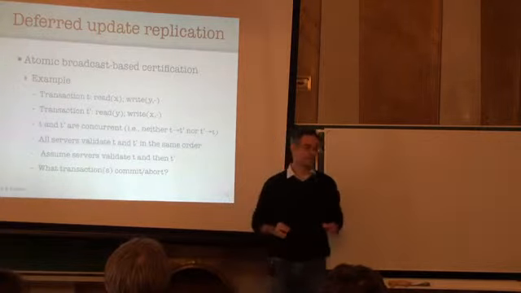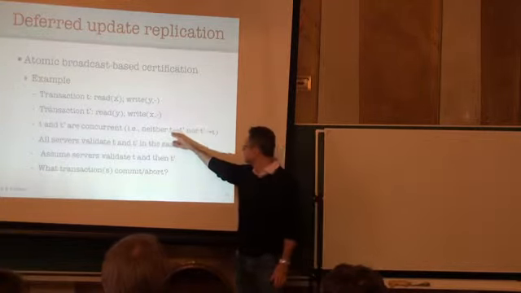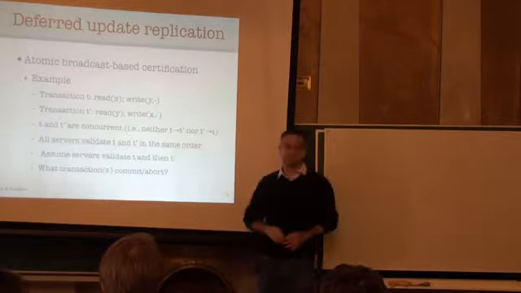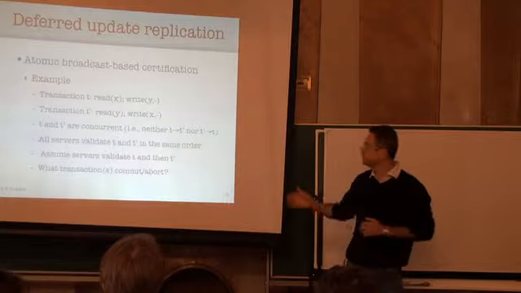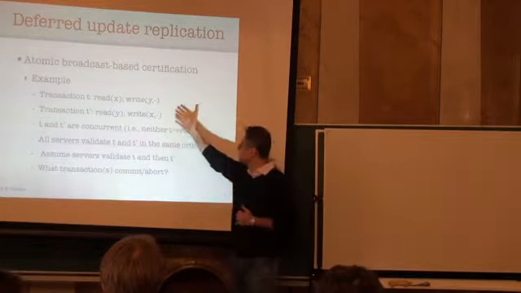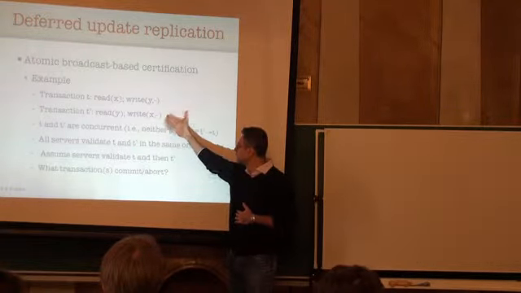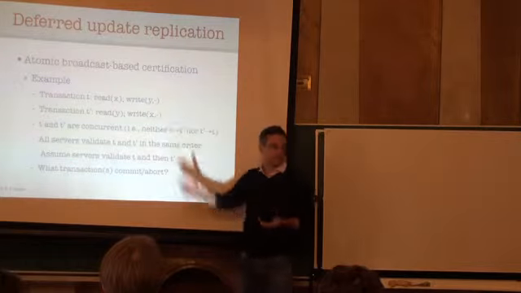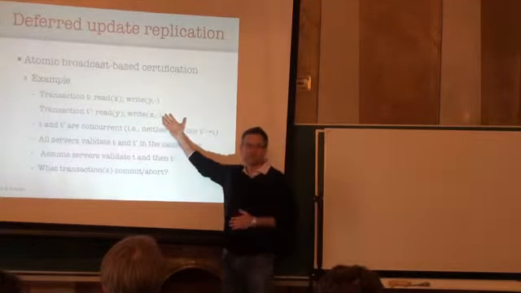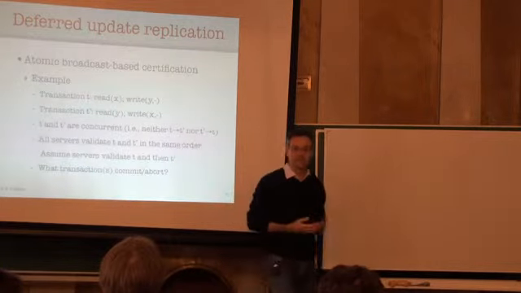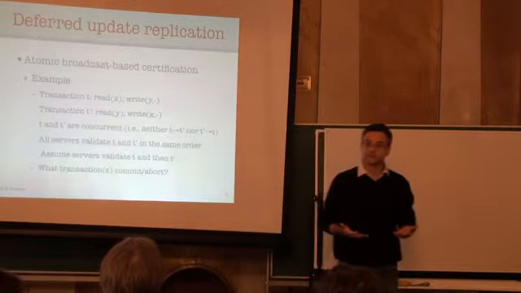They execute at different servers, and neither T precedes T prime nor T prime precedes T. So you can see already here that if they execute on different servers and one does not precede the other, I cannot commit both of them. That's the example that we saw yesterday of an execution that is not serializable.